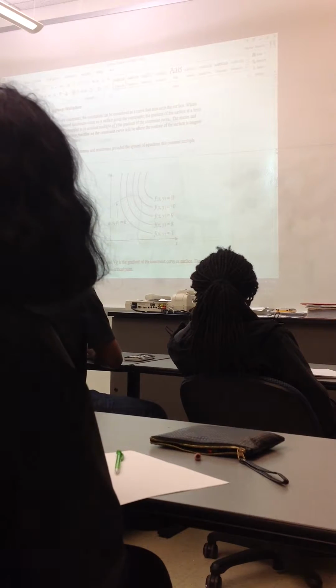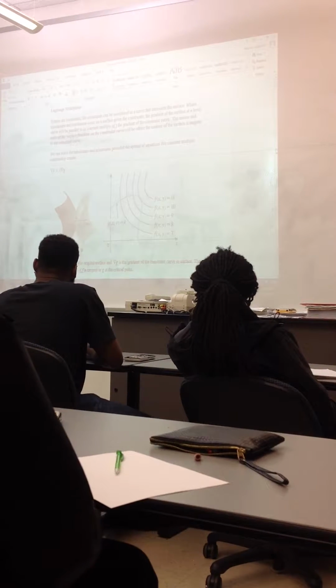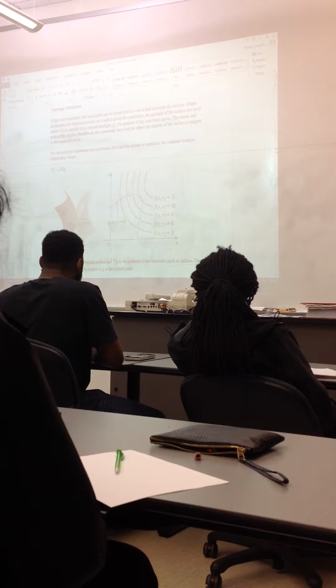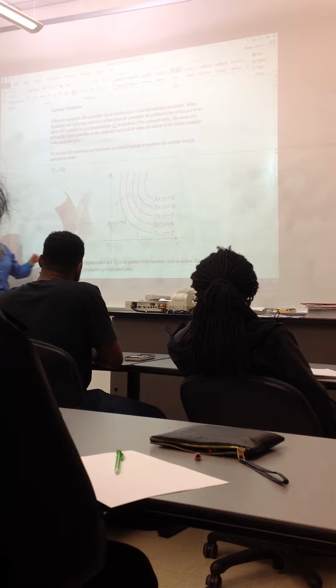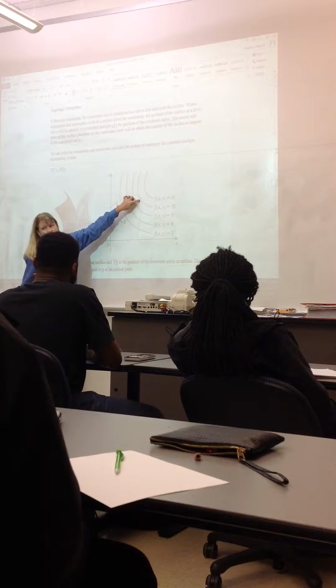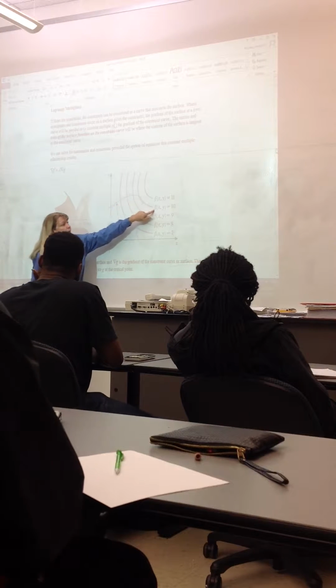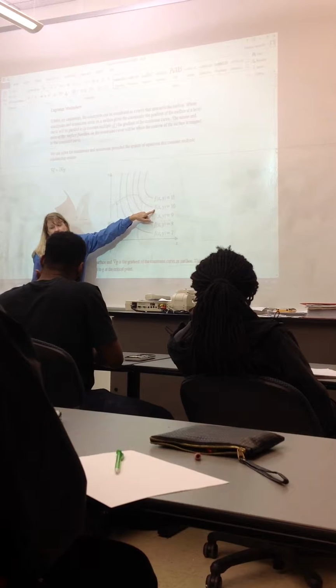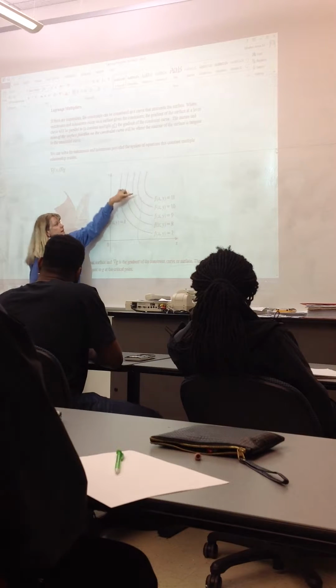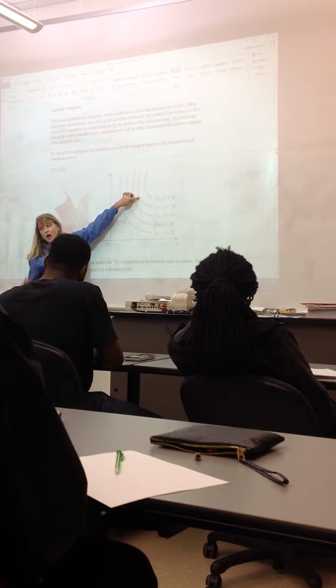Okay, so you're not looking for the pure max or min of the function. Instead, you're looking for the max or min relative to the constraint. So 10 is the highest value that I could get on this function, given that the constraint also has to be true.